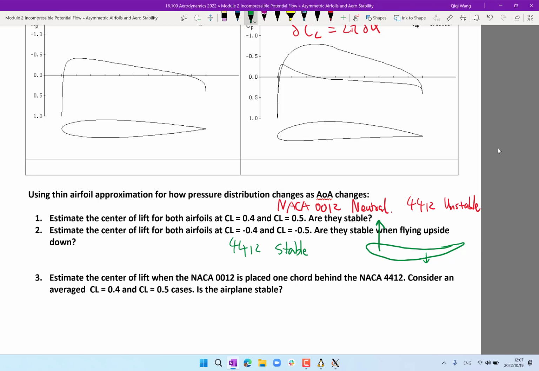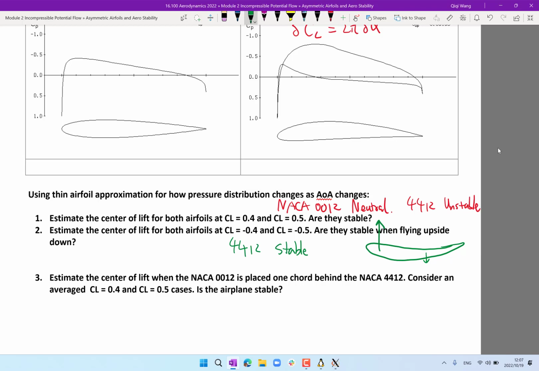Well, it cannot be behind here because the moment of this force is going to be less than the moment of this force, right? If you put a point over here, the total moment would not be 0. It can also not be here because then this force and this force have the same direction of moments, and the total would not be 0. It has to be somewhere over here, right?